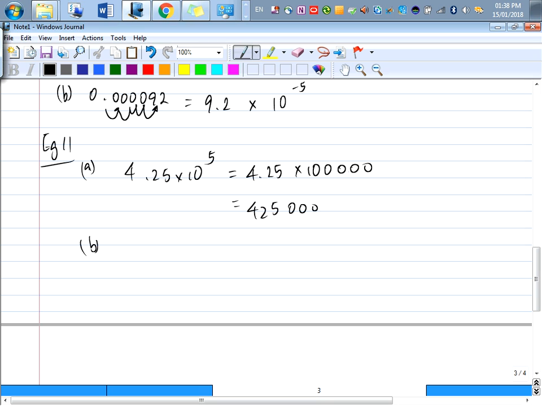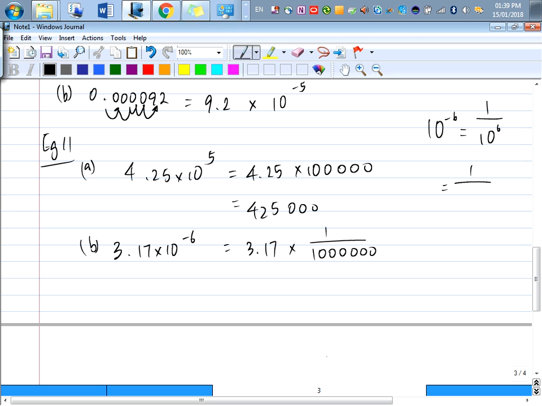Then for part B, this is now the small number, 3.17 times 10 to the power of negative 6. It is actually equal to 3.17 times 1 over 1,000,000. Don't forget your indices. What Miss Yu taught you? 10 to the power of negative 6 is equal to 1 over 10 to the power of 6, right?